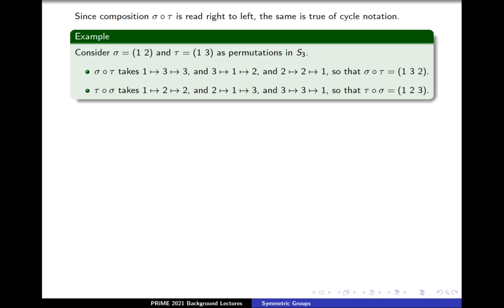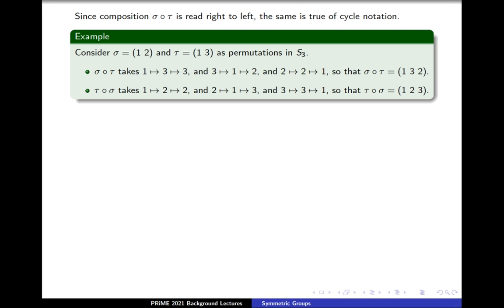Consider the following 2 permutations in S3. Sigma interchanges 1 and 2, and 3 is fixed by sigma. So notice we did not write down the 1 cycle 3, but it is implied. Tau interchanges the numbers 1 and 3, and it leaves the number 2 fixed.